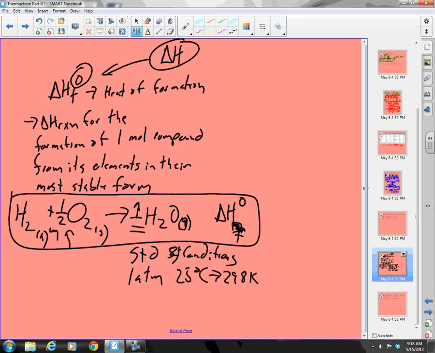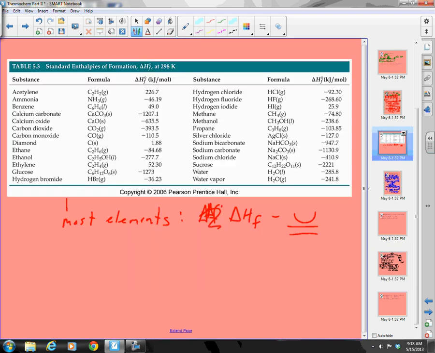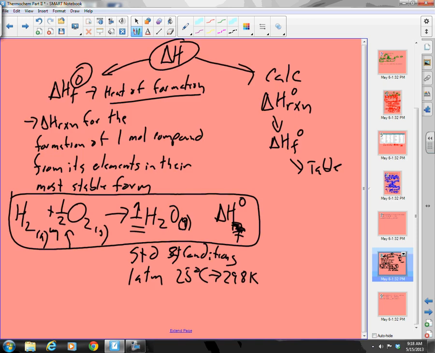Good. So we learned about heat of formation, and then we talked a little bit about how you can calculate standard delta H of reaction from my standard heats of formation. Why? Because there's this great little table. I have these tables, and this is a small one, but there are big ones that you can use where someone's already done all the work of determining these standard heats of formation, and now all we have to do is apply it.